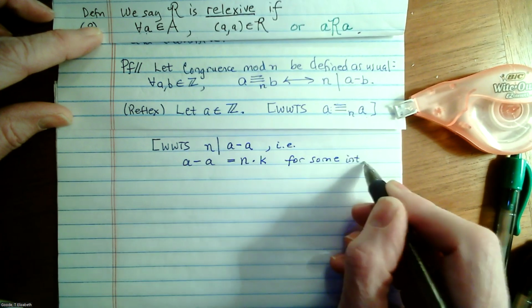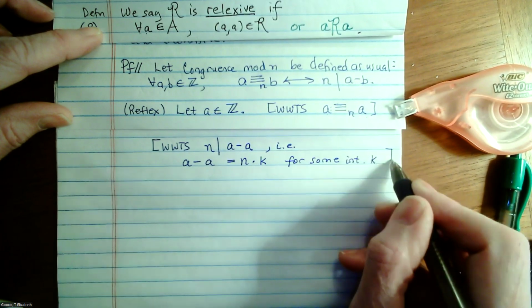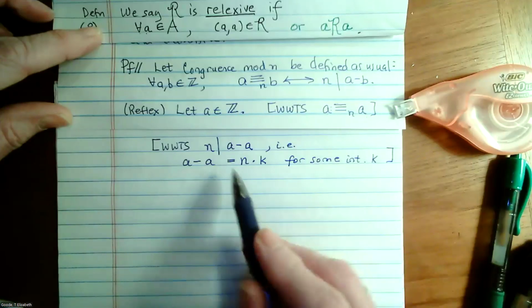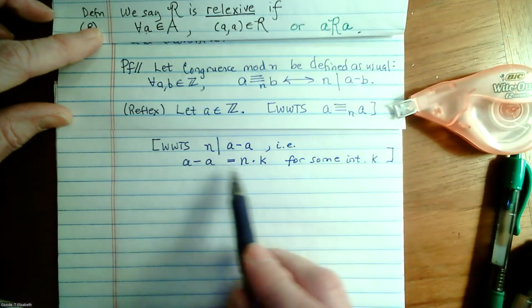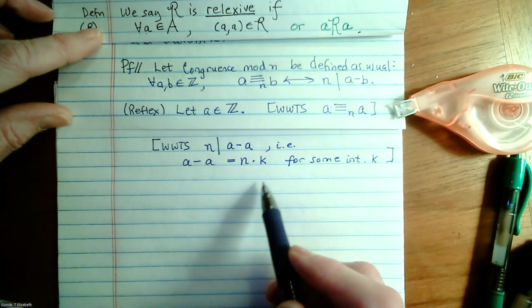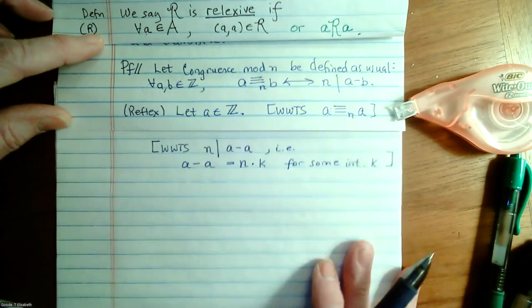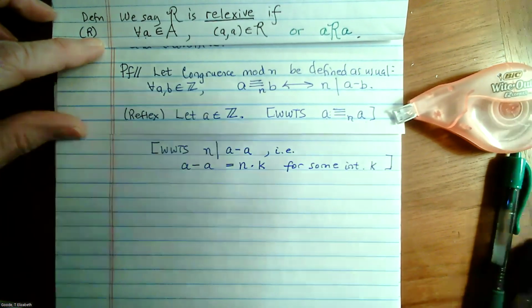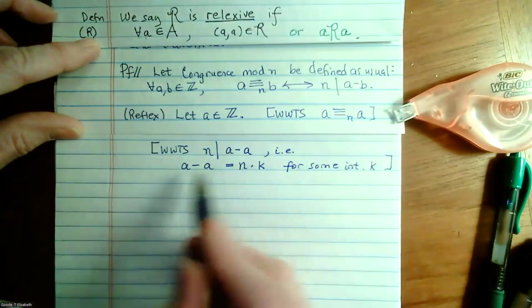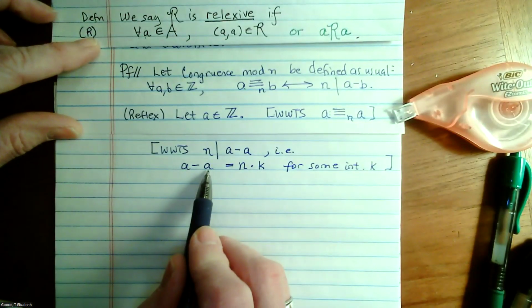And we've seen this sort of thing before, haven't we? We've seen where we had to prove that a minus a was divisible by an integer. We've done this in induction proofs, right? In the basis case.